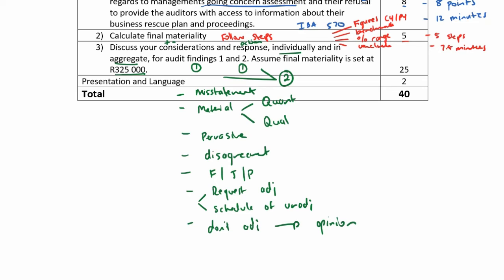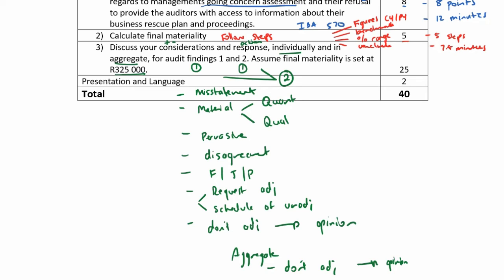That's for one finding. Then I do that for two findings. And then I need to go in aggregate. If they don't adjust, either as required, this is my opinion. If in aggregate neither of them are material, when I aggregate, is there a material misstatement? And then what would my opinion be?